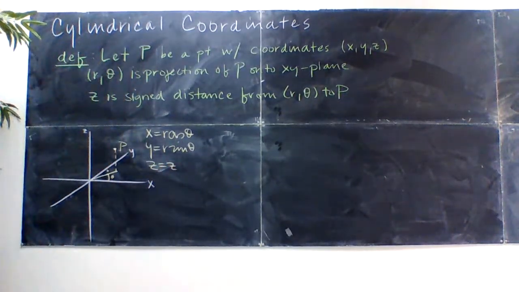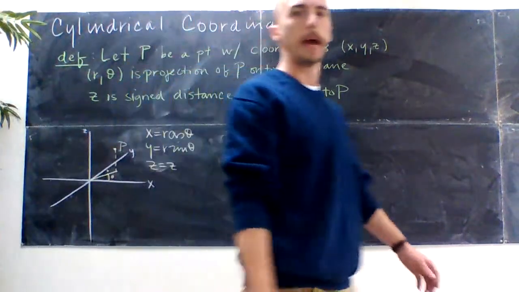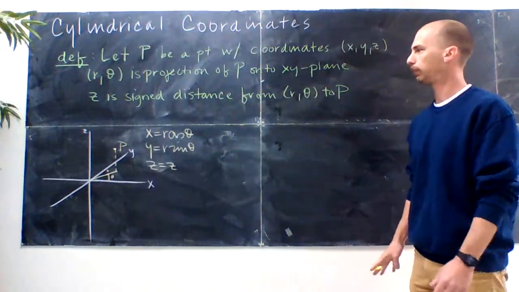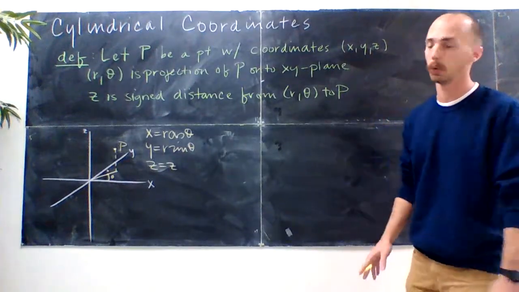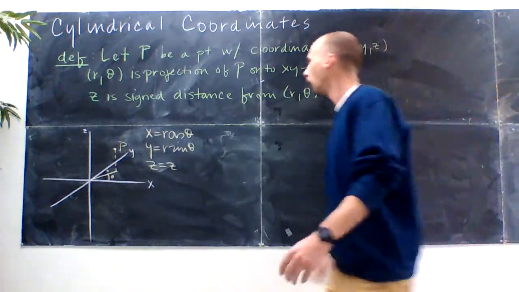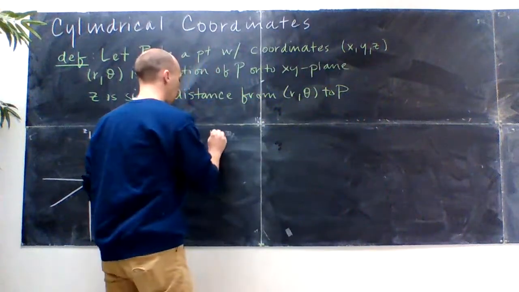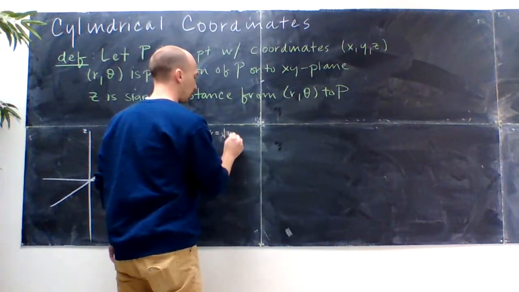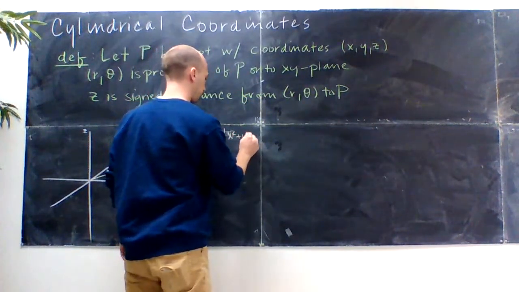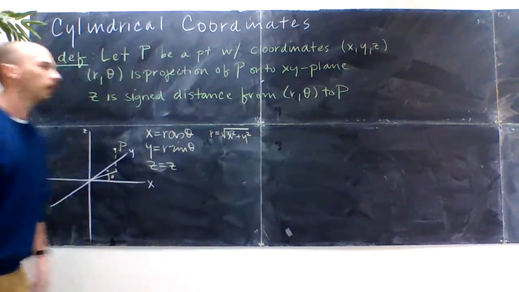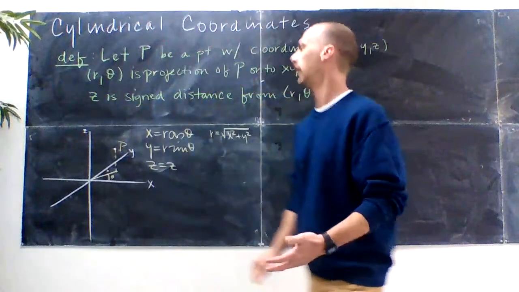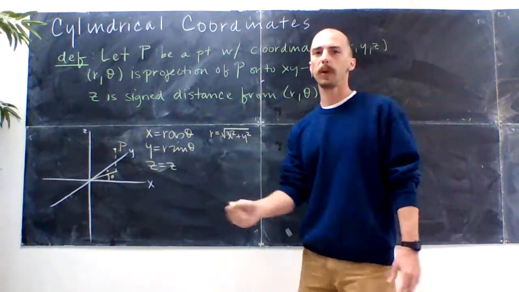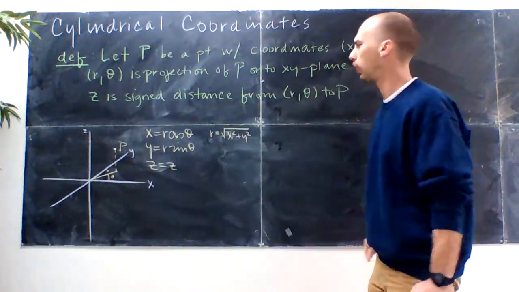And if we had x, y, and z, and we wanted to figure out what r, theta, and z were, I could say that r is going to be the square root of x squared plus y squared, assuming that r is positive, right? Just like in polar coordinates, we could let r run negative, but for the most part, I'm just going to assume r is positive.